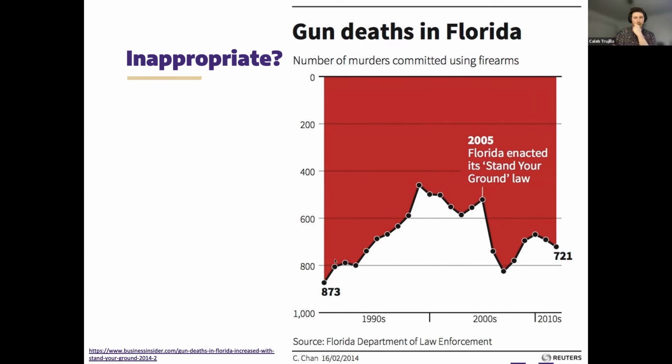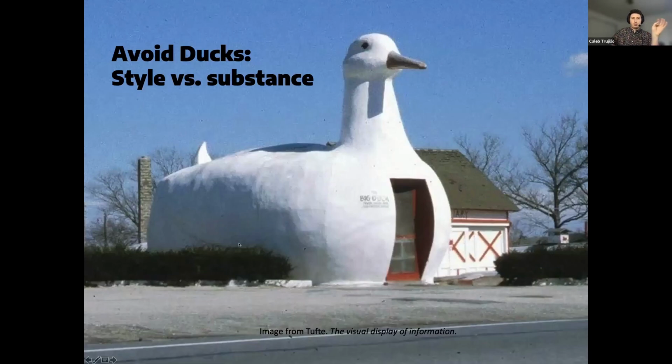Okay. One other thing, so we talked about how breaking conventions can really disrupt the interpretation process. And I want to talk about one other thing, and that is ducks.